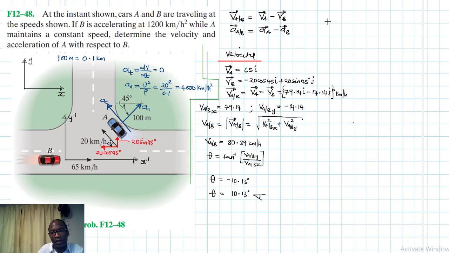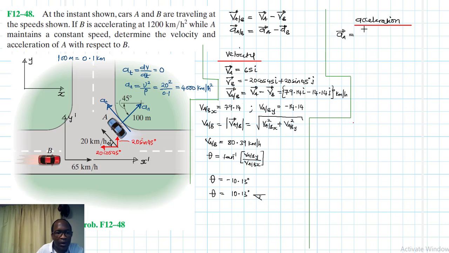Let's go to acceleration. For acceleration, we have AA, which has two components, in fact, that I forgot to show.